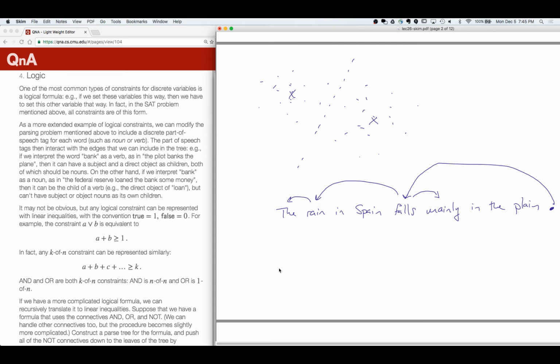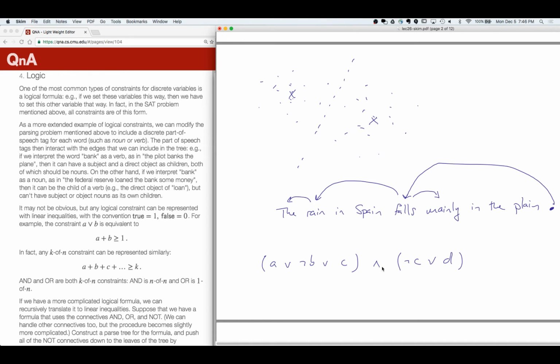Okay, so a typical example of a logical constraint would be something like A or not B or C, right? And then if we have another logical constraint, we can write it with and, and it could be, let's say, not C or D, right?